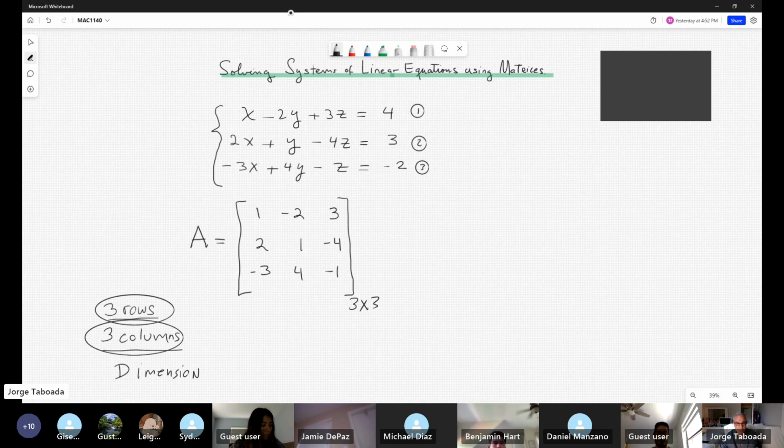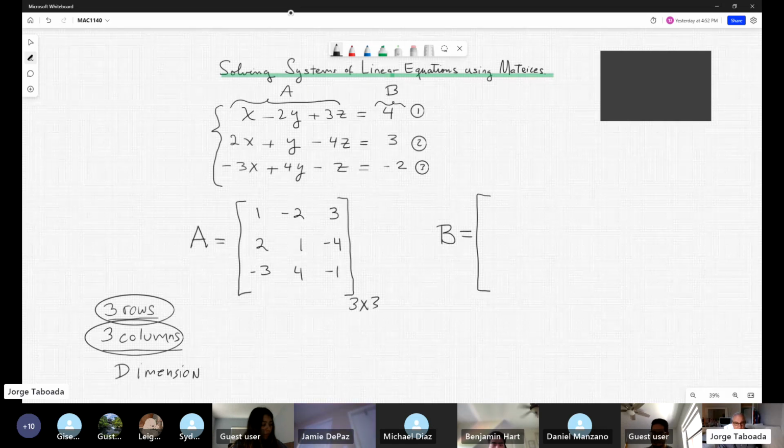Okay, now we also define the B matrix, which is formed by the numbers on the right-hand side. So basically here we use this to define the A matrix, and this to define the B matrix. And B is 4, 3, and negative 2. This is also a matrix, but its dimension is 3 by 1, because that matrix has 3 rows and 1 column.